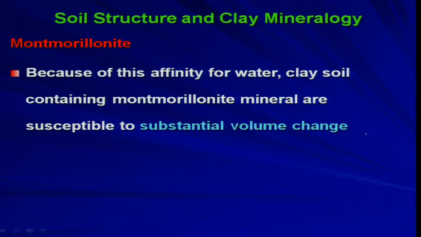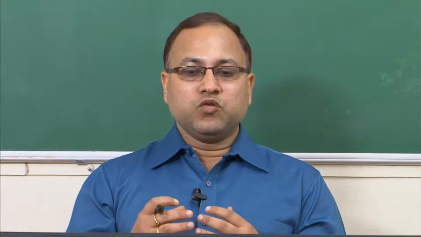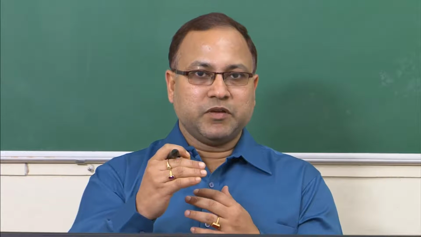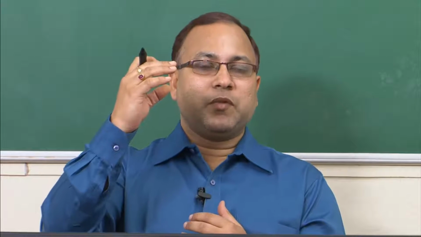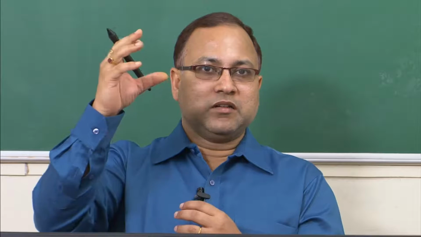Because of this affinity for water, clay soils containing Montmorillonite mineral are susceptible to substantial volume change, because once you allow water inside the structure, it will try to increase the volume of the whole structure, as it enters at the interface and pushes the upper structure and the lower structure apart at a substantial rate.